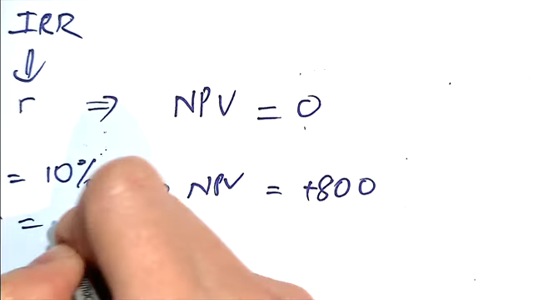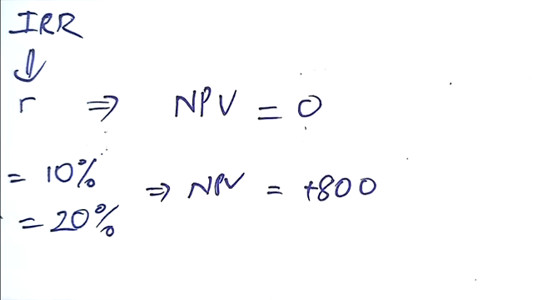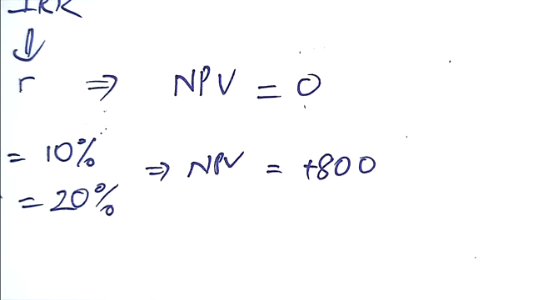Let's say that you say, okay, I am going to put 20% in, because I know that my IRR should be higher than 10%. Because remember, the higher the discount rate, the lower the NPV. So with 10%, you have a positive NPV. With a higher discount rate, you are going to have a lower NPV.